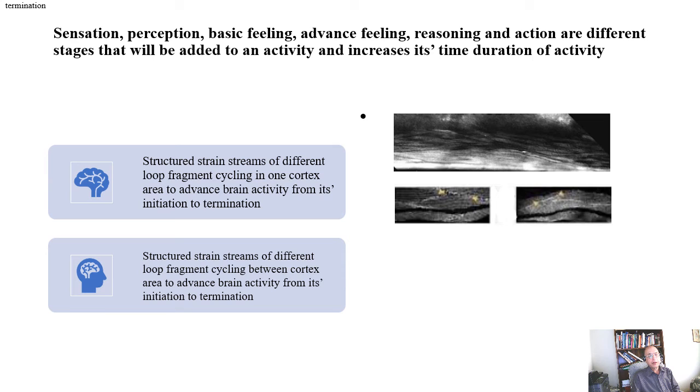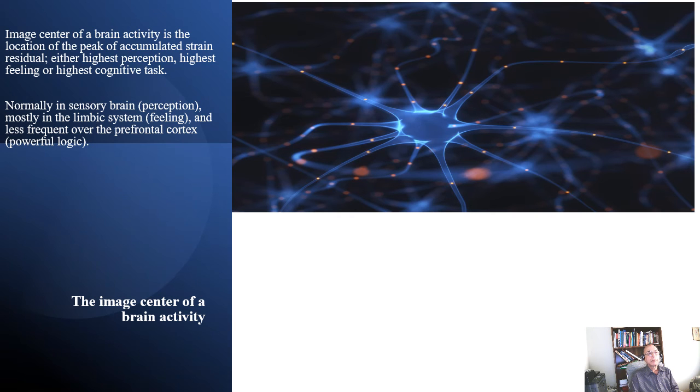These will emerge as a global awareness of the activity in the whole brain. Among the different consciousness types that appear during a brain activity, there is a peak in consciousness intensity, which is referred to as the image center of the activity.